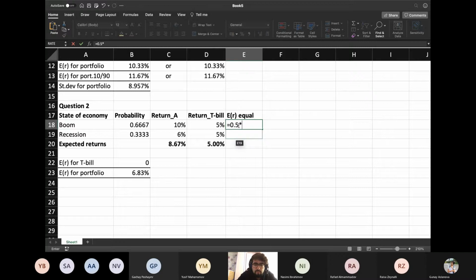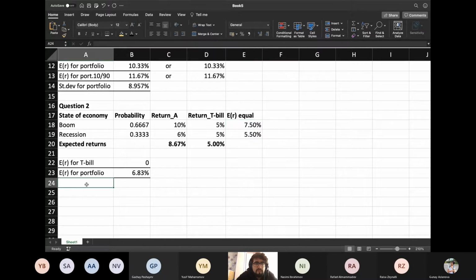We also put our money half in stock A and half in treasury bill. Okay, let me convert them to percentages.